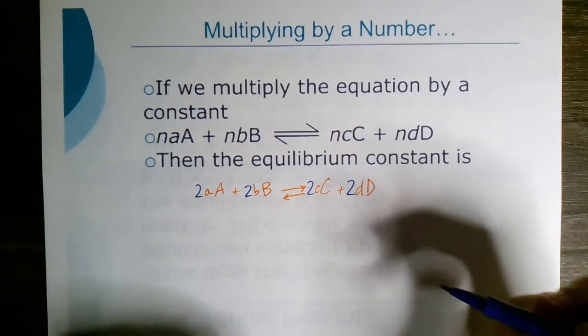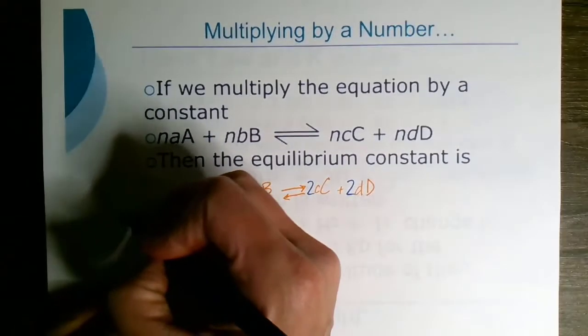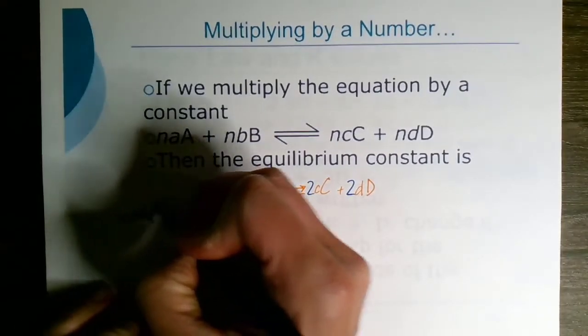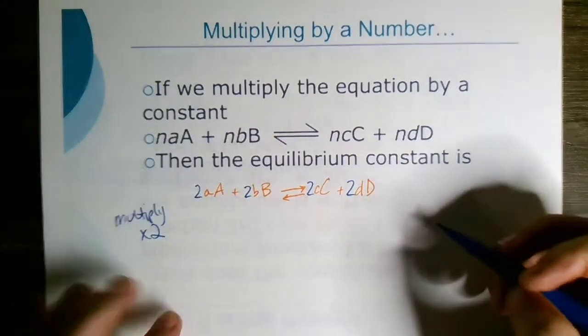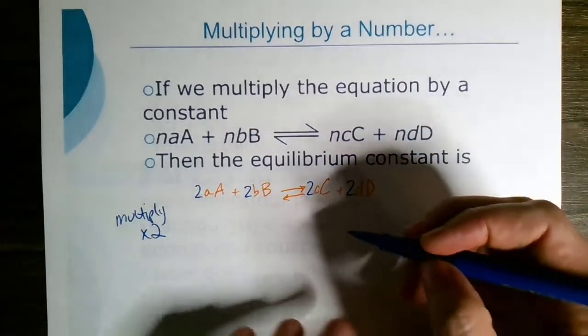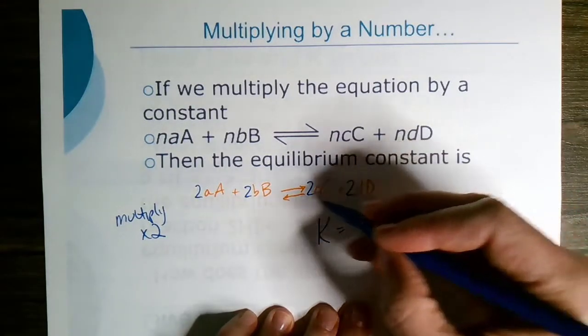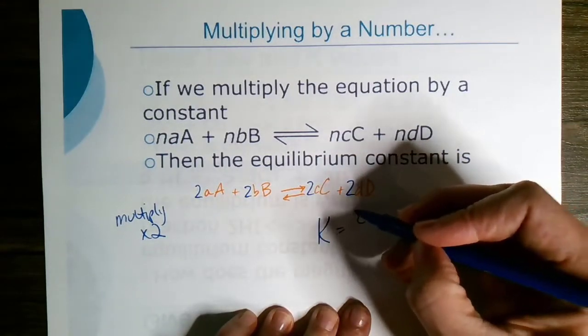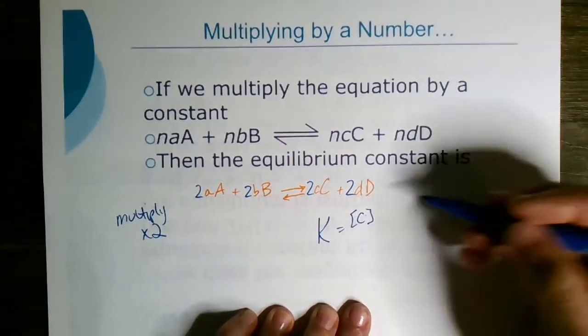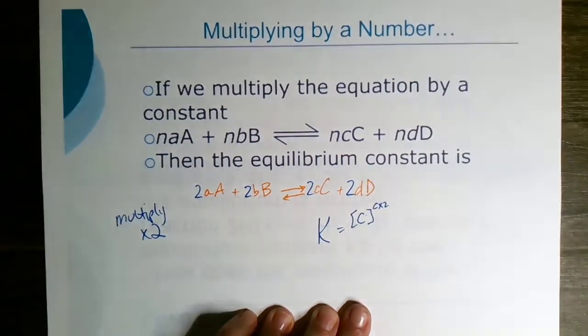Now, that changes my K constant. So everything was multiplied by 2. When I'm finding my K constant, I would have my products over my reactants. So I would have C to the c power times 2.